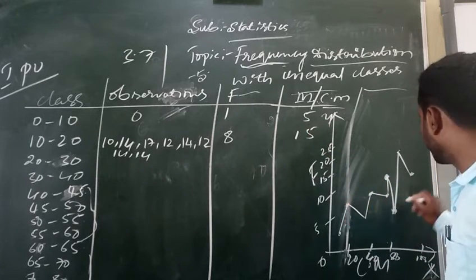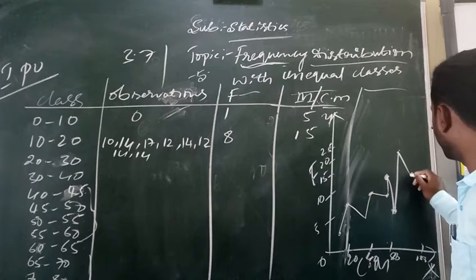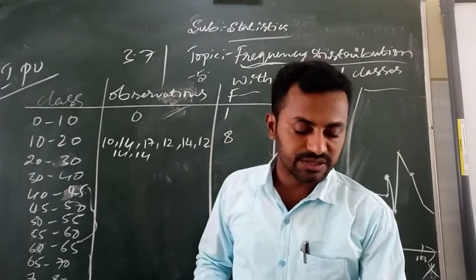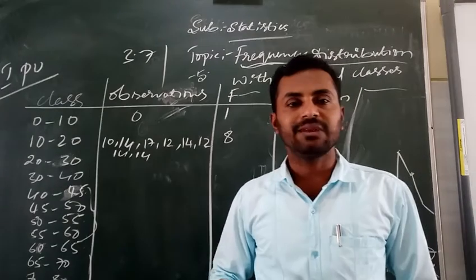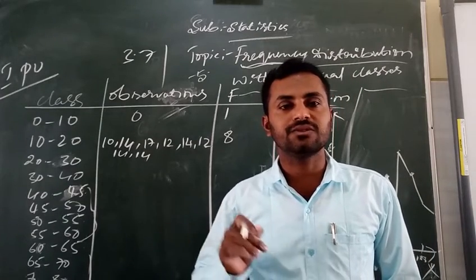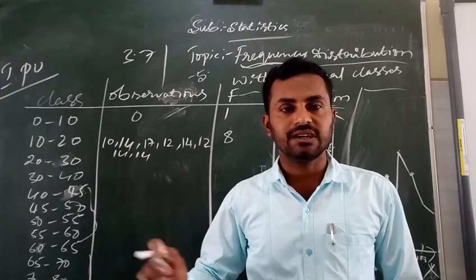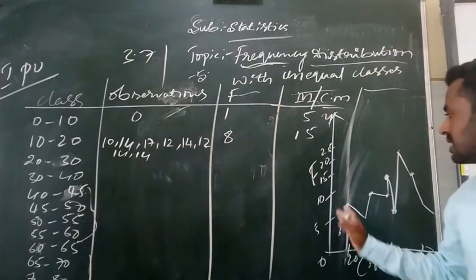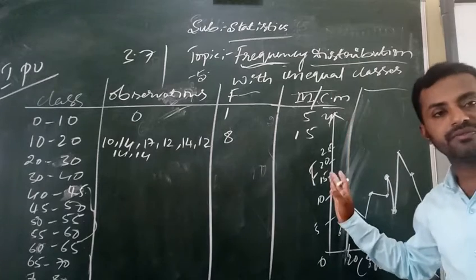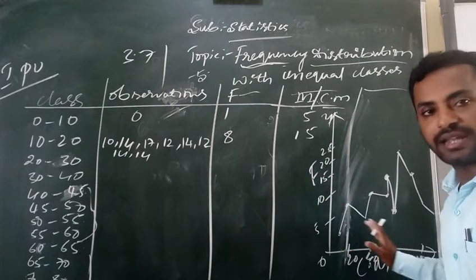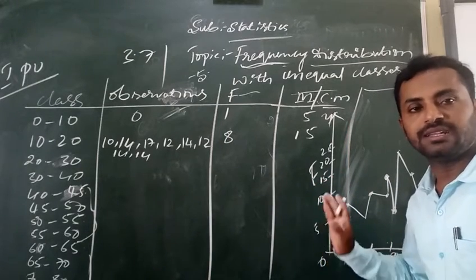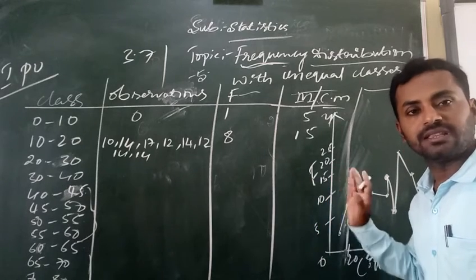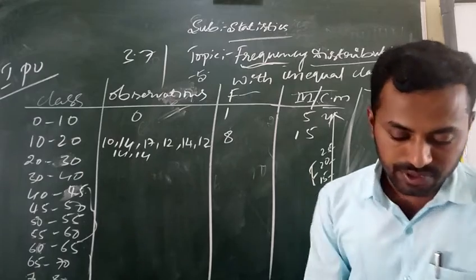In table number 3.7 we will refer to draw the frequency curve. In the frequency curve, in the OY vertical axis we measure frequency, then in the OX horizontal axis we measure midpoint or class mark. With the help of that we will draw the frequency curve, okay, understood.